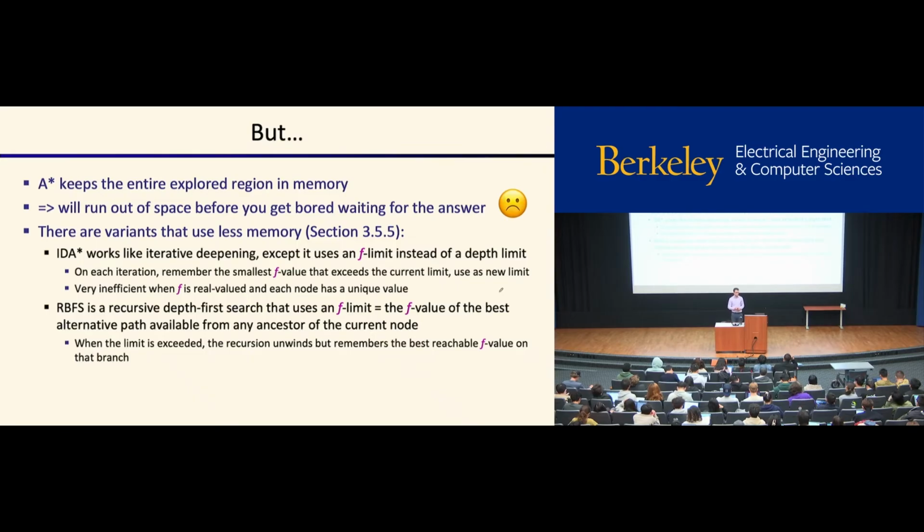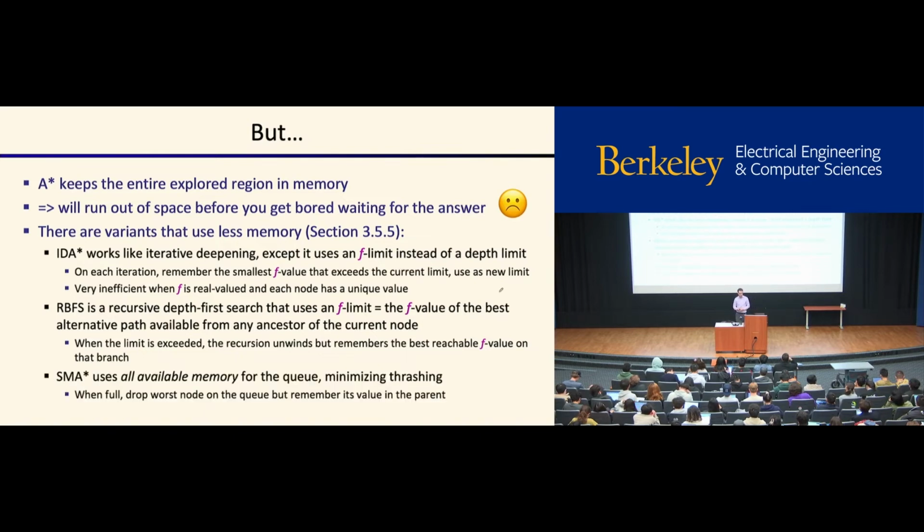Recursive depth-first search that uses an F limit rather than a depth limit. And then there's SMA star, which just uses all the memory that you have, and it tries to remember all the stuff, and then it kicks out stuff that has the highest F score first when it runs out of memory, because probably those aren't going to be on the path to an optimal solution. But more stuff is in the book if you want more info on that.